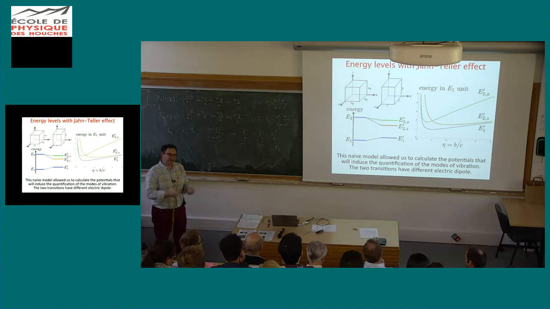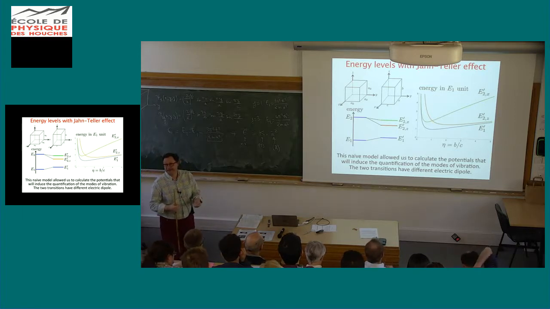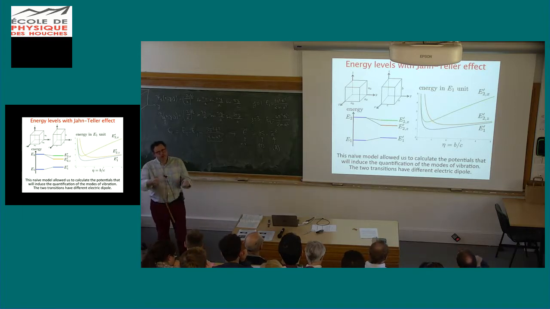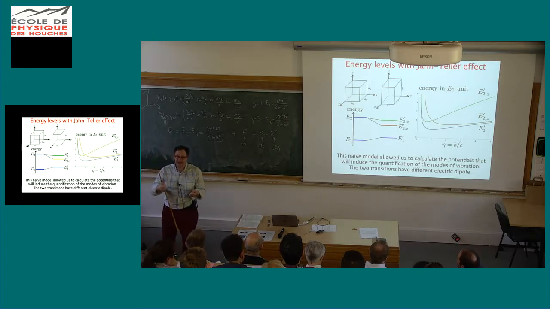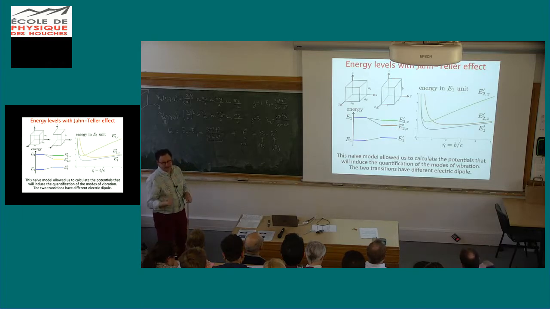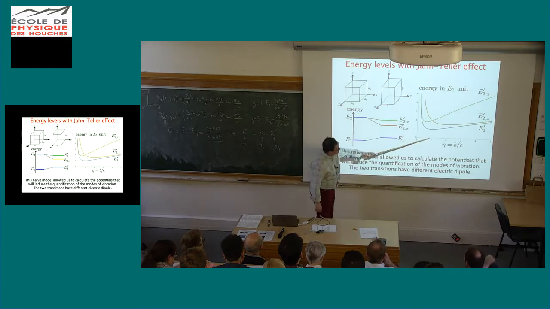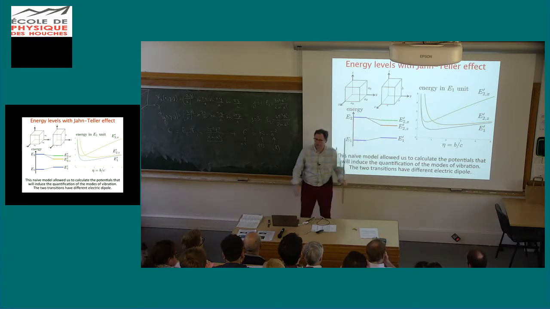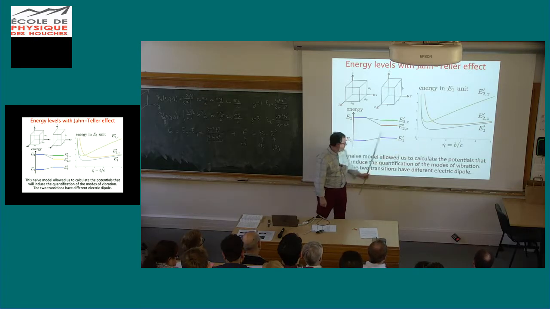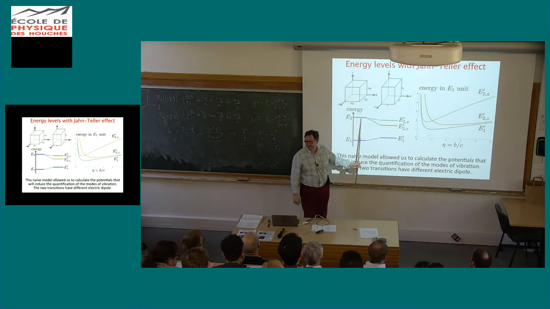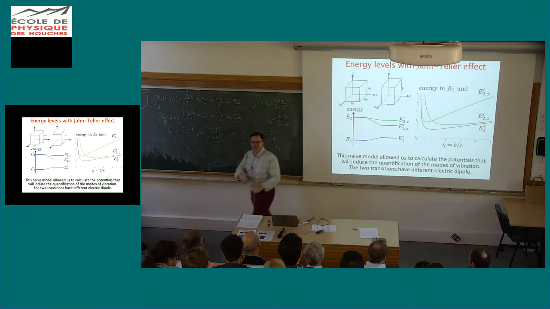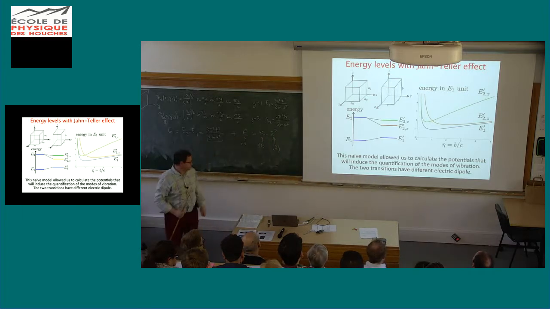So this is again the effect of the Jahn-Teller effect. I have introduced a distortion of the molecule, and this distortion at the end led to a decrease of the energy. But this means that, for instance, the equilibrium state for which I would have the lowest energy will be different for the ground state than for the excited level. This is exactly the message of the Jahn-Teller effect.